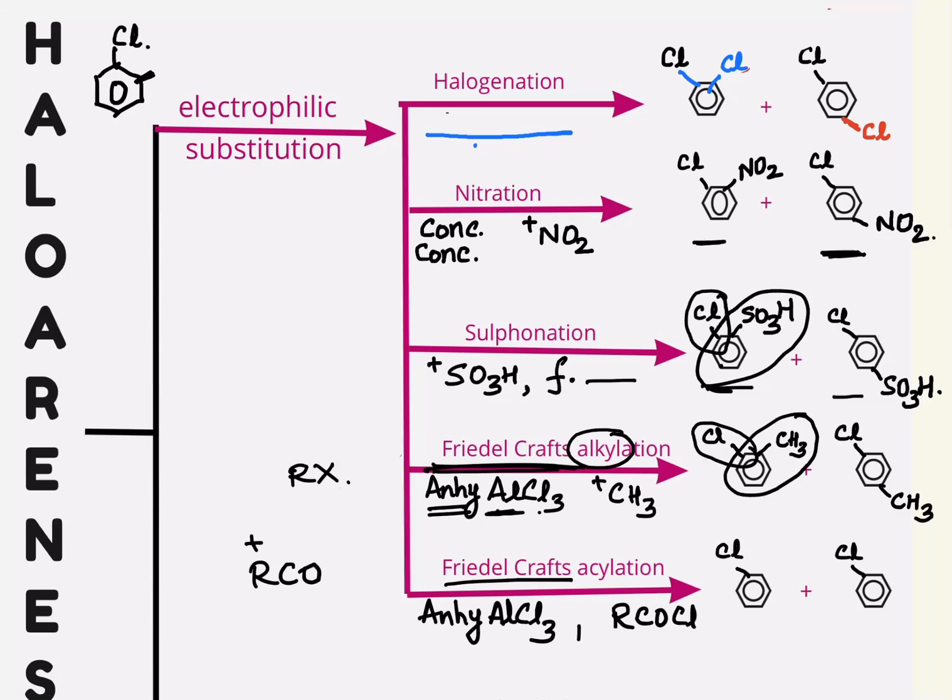So what I'm going to do over here is just write the electrophile, R positive CO, right? Go ahead and connect it. Yes, it will be COCH3. Got it? Same way again, we've got the para product.